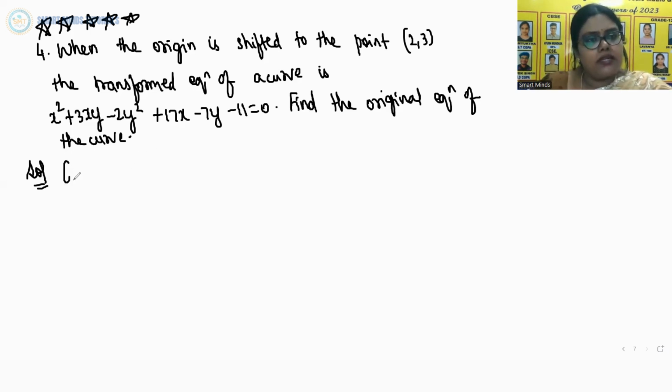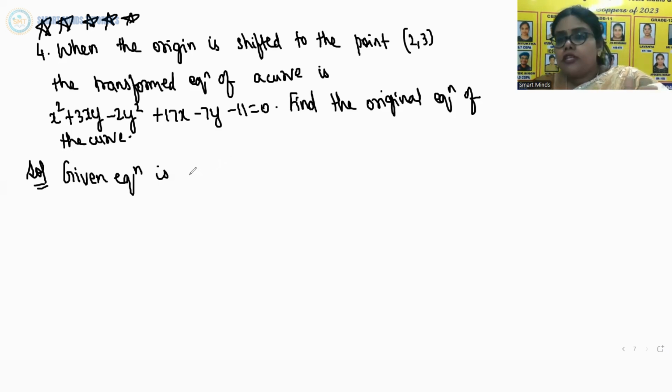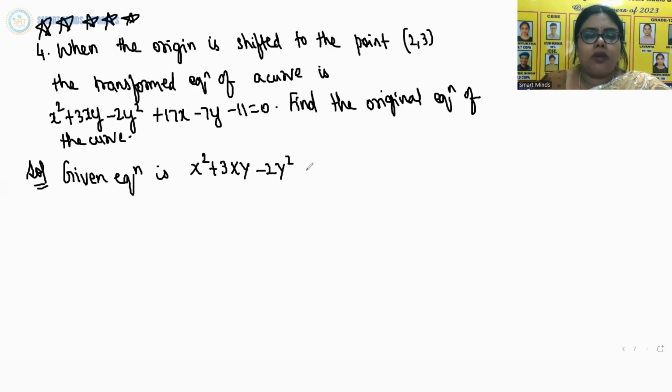Okay, so first let us write down the given equation. Because it is the transformed equation, I will convert small x and small y to capital X and capital Y. So X² + 3XY − 2Y² + 17X − 7Y − 11 = 0.